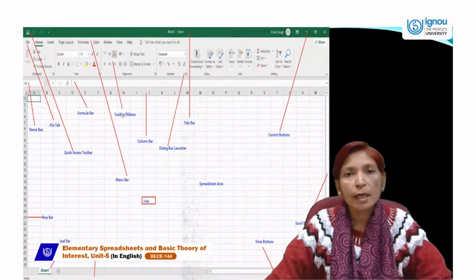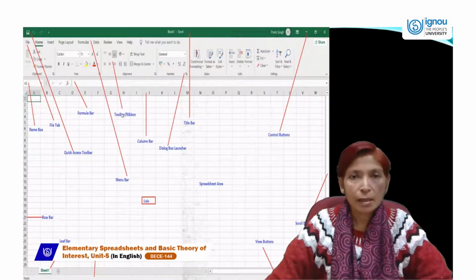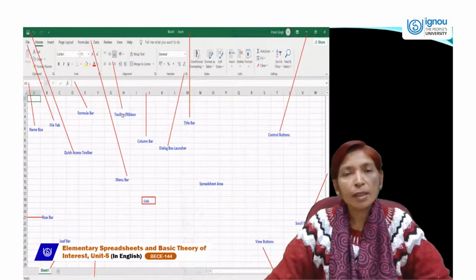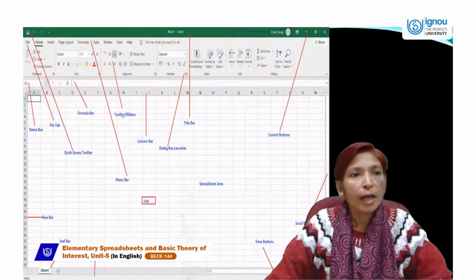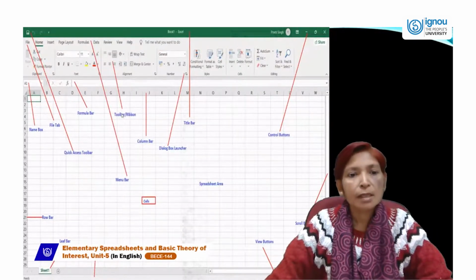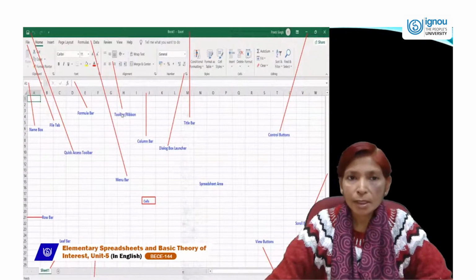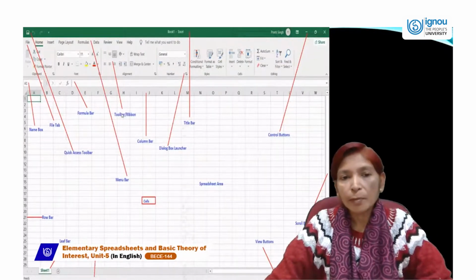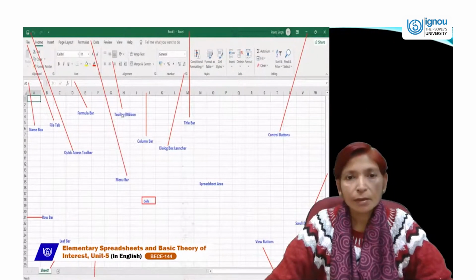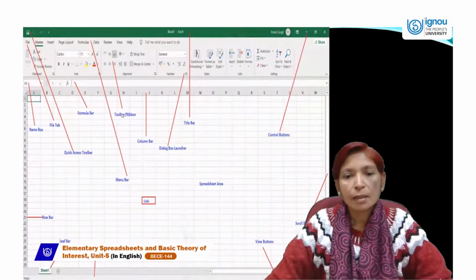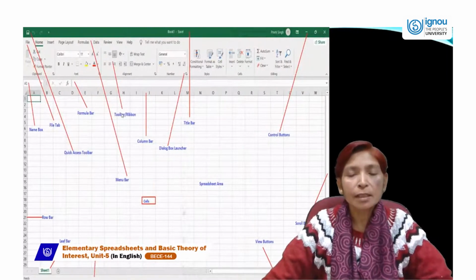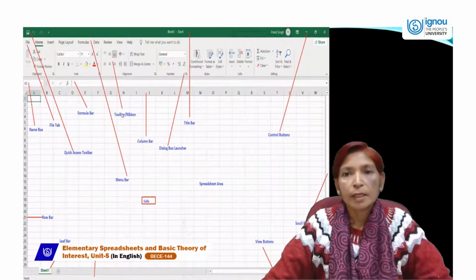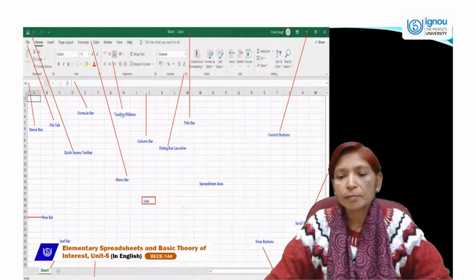You can open it and you will find many things which you can use in your study. Next is the toolbar or ribbon. Next is the column bar. Next is the dialog box launcher. Next is the title bar, where you can give any title to this table. Next is the whole spreadsheet area. Next is the control button.